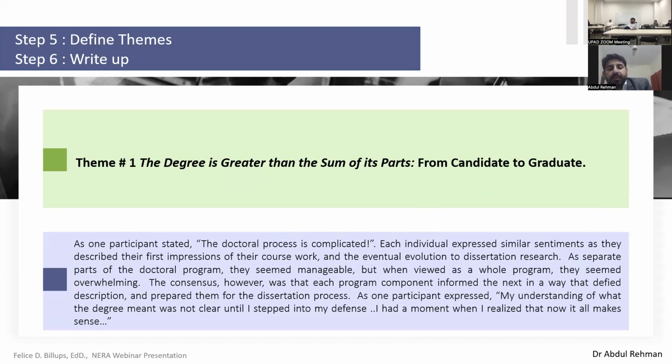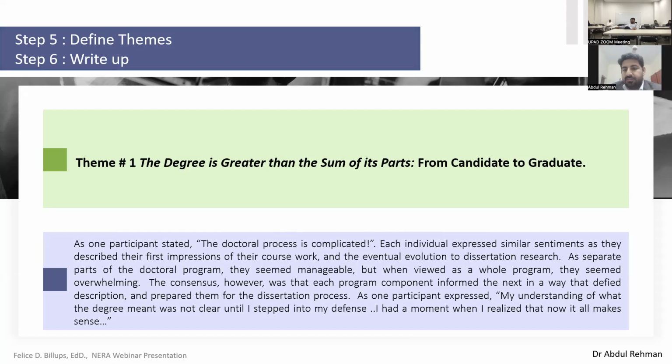So now, as a researcher, I will write it as an interpretation or in a report writing form. Can you read the last one, the blue one? As one participant stated, the doctoral process is complicated.